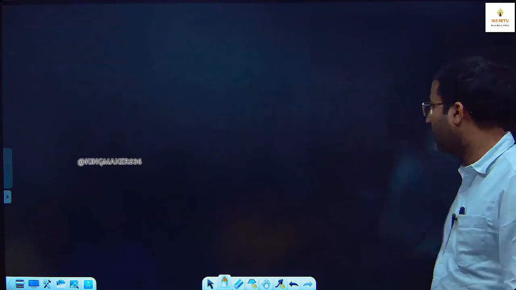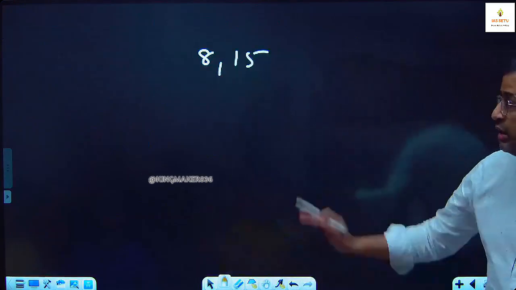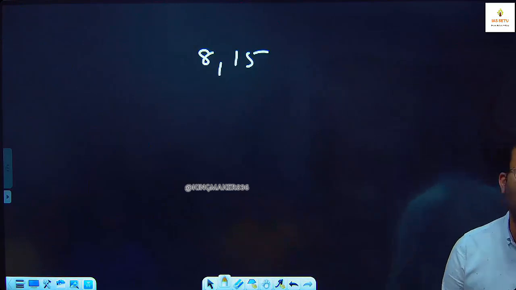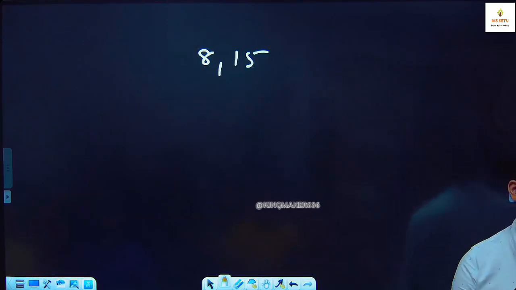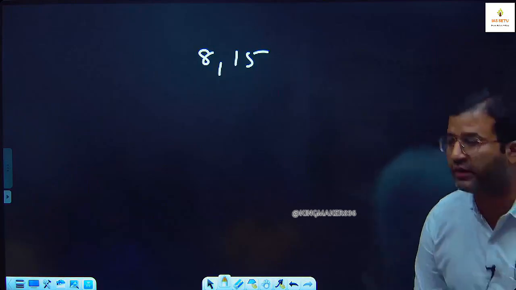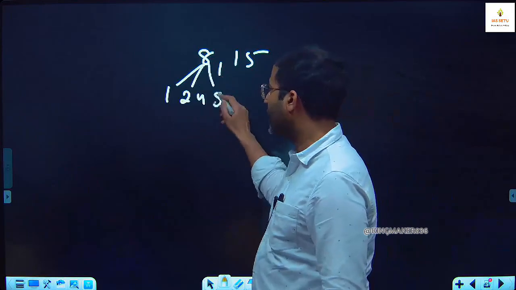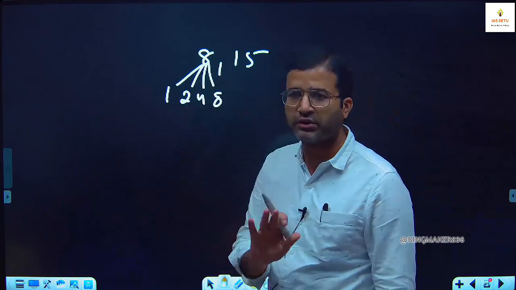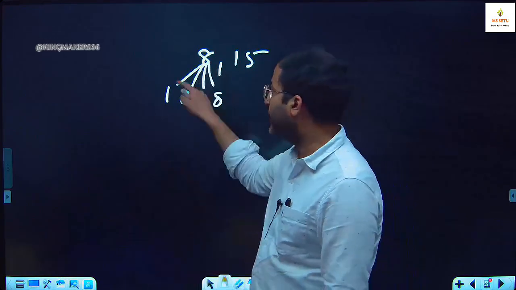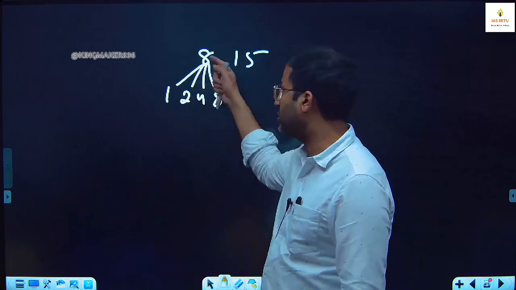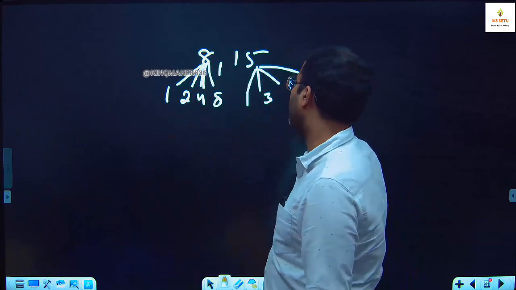Try, like here, 8 and 15. Just check whether 8 and 15 are co-prime, yes or no. What are the factors of 8? 1, 2, 4, 8. I think all of you are comfortable finding factors of small numbers. We can easily find factors of small numbers, right? 8 is divisible by 1, 2, 4, 8. 15: 1, 3, 5, 15.